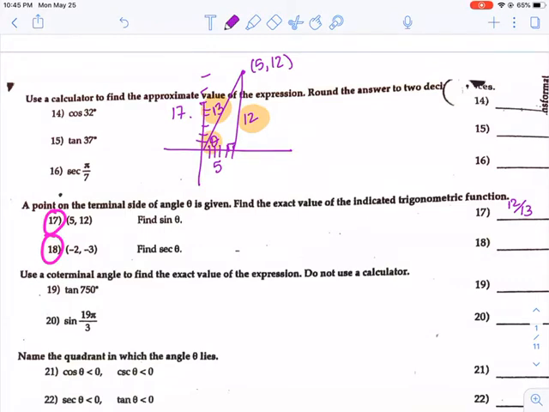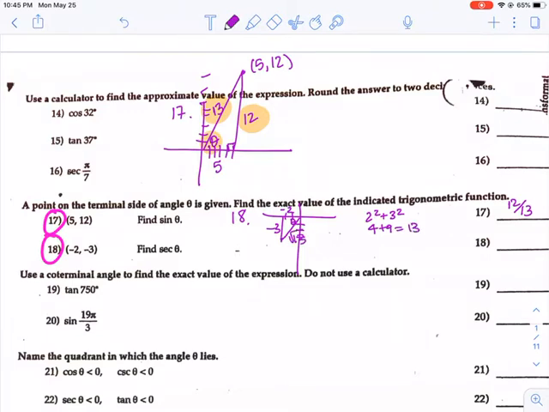All right, 18. Same thing, except now we're going to be in a different quadrant, because now our point is -2, -3. So let's draw our triangle. Here's our theta. This is -2, -3. We're going to do Pythagorean theorem to figure out the third side. So 2 squared plus 3 squared, 4 plus 9 is 13. So this is rad 13.